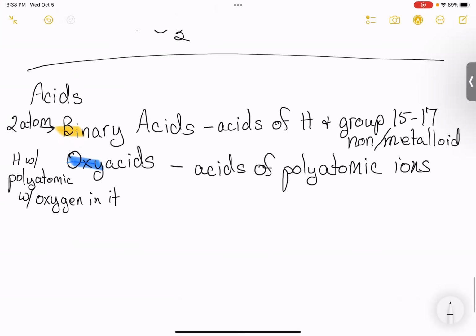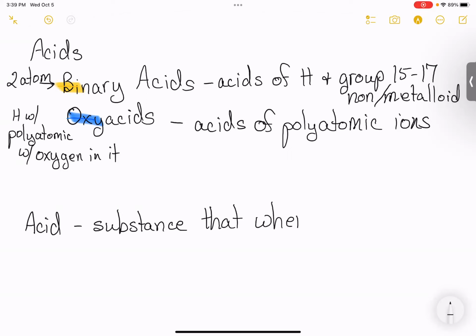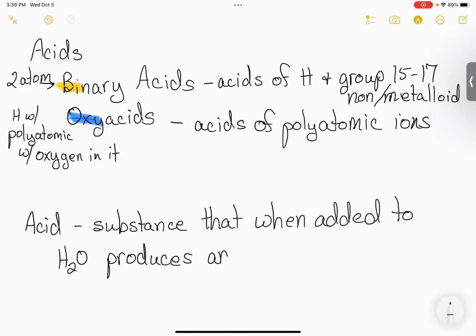Now, before I really get into naming these acids and the formulas of these acids, I want to explain what an acid is. An acid is a substance that when added to water produces an H plus.